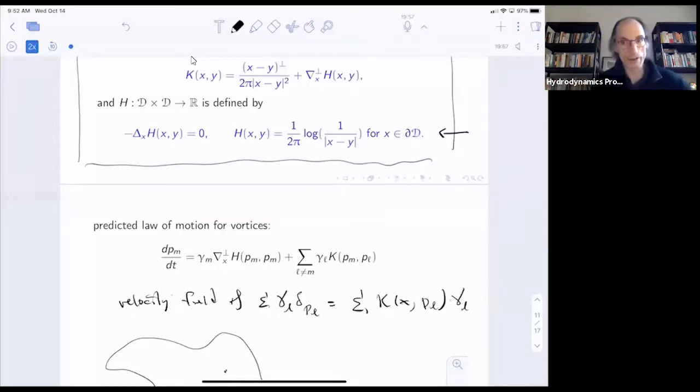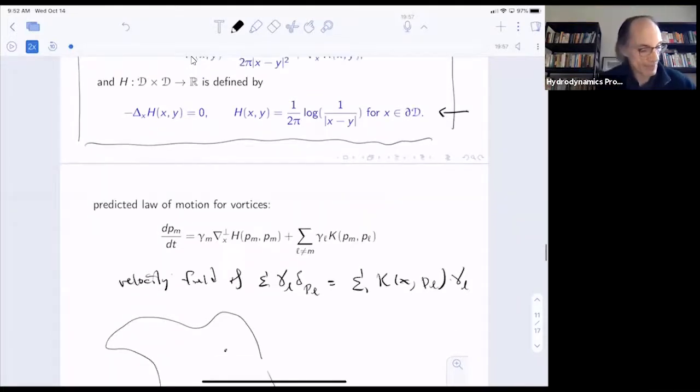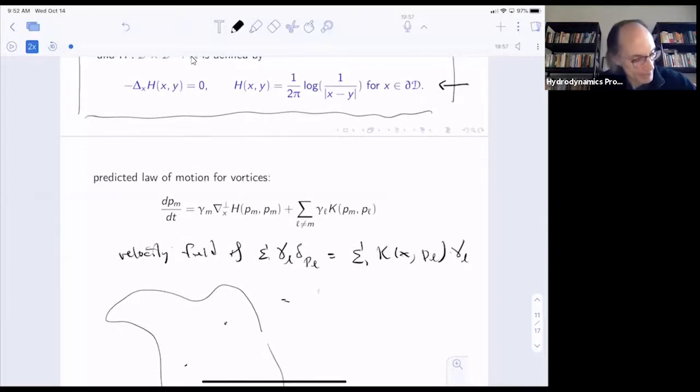So this K of x,p is exactly the velocity field generated by a unit of vorticity at the point p. And then each of these Ks has two pieces. There's an (x minus p_l) perp over this thing squared, and then there's a grad perp of H of x and p_l.